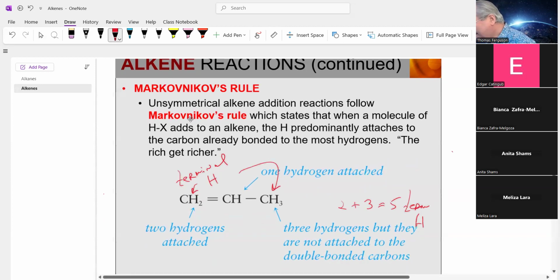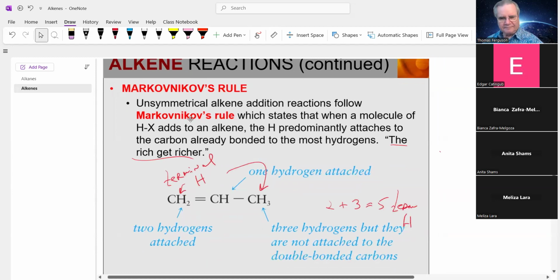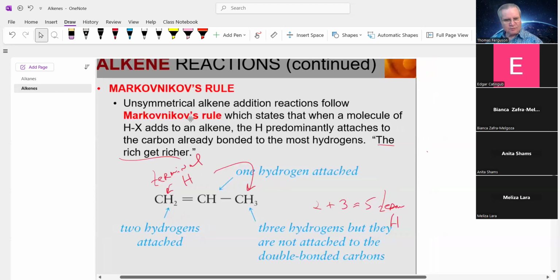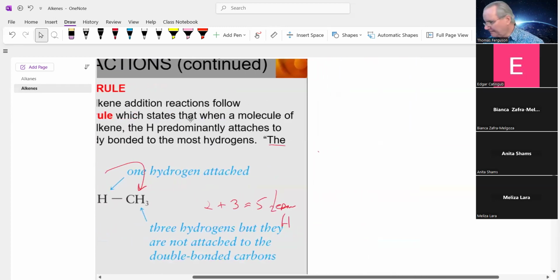They coined this phrase, the rich get richer, but I don't know. Okay, so Markovnikov's rule is number 1. Number 2 is symmetry.